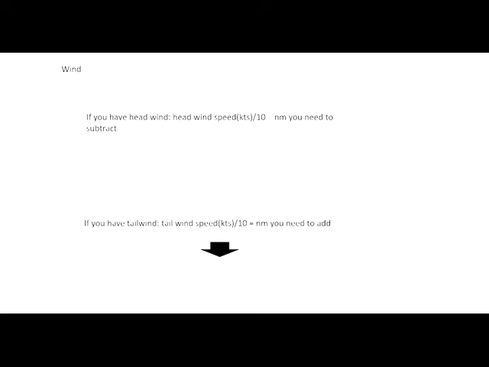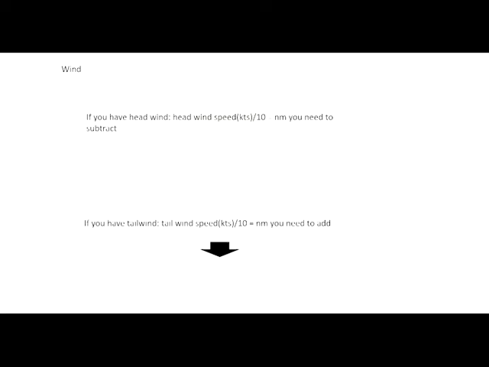You just take 5 divided by 10, which is equal to 0.5 nautical miles you need to subtract. So in case you have 5 knots headwind, you subtract 0.5 nautical miles, or you can round up to 1 nautical mile.